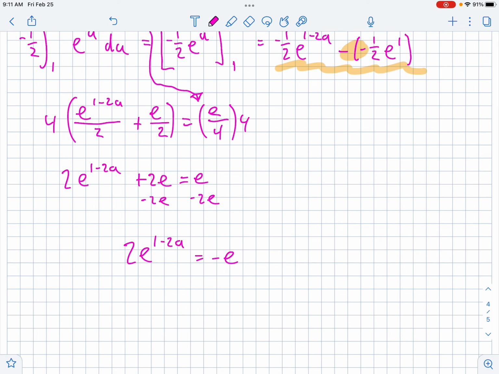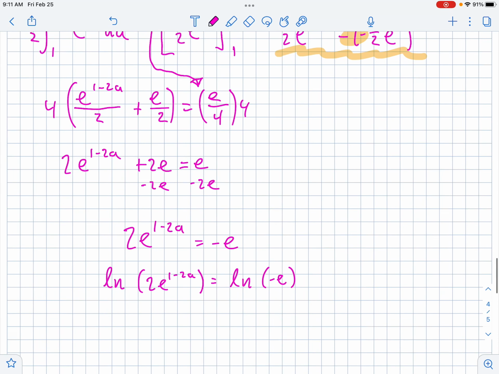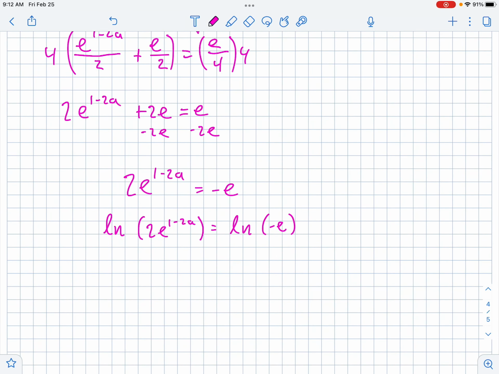Okay, now we need to take the natural log of both sides. So we'll get natural log of 2e to the 1 minus 2a is equal to natural log of negative e. Now we can split apart this side to get natural log of 2 plus natural log of e to the 1 minus 2a.